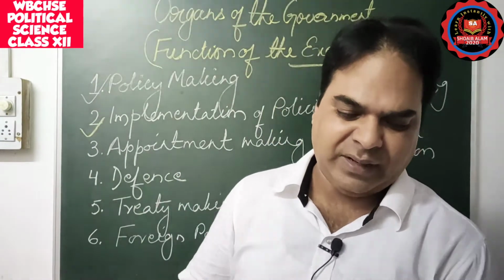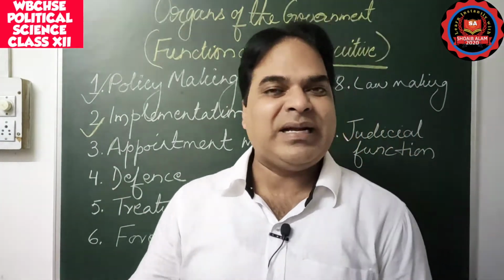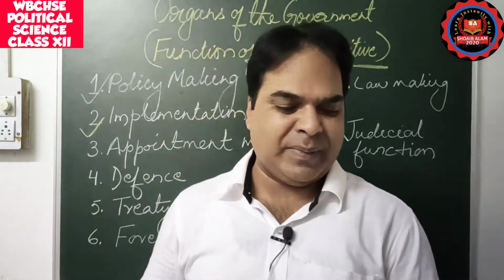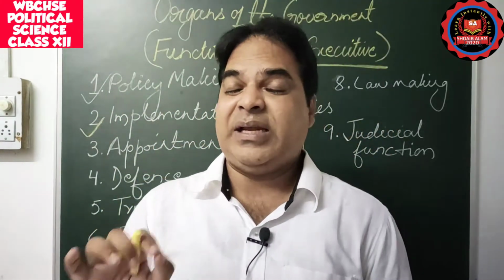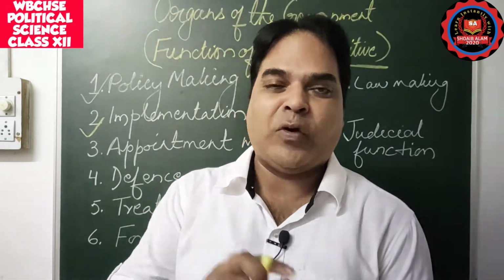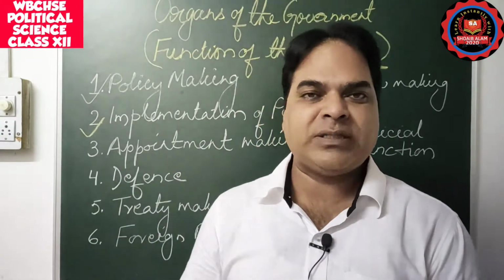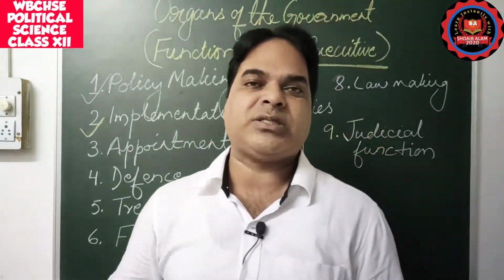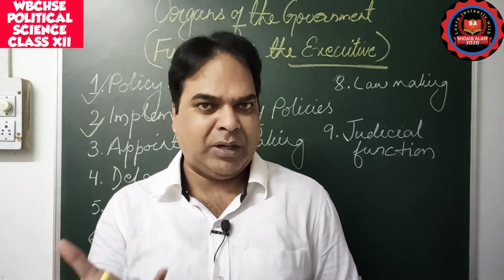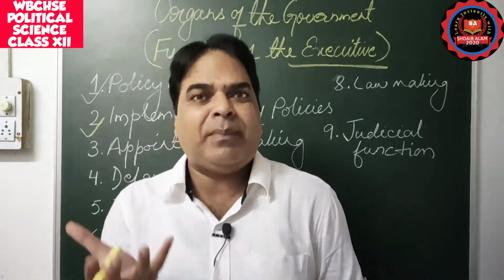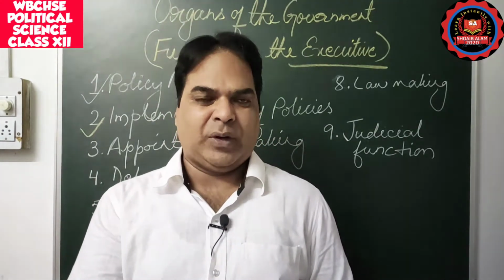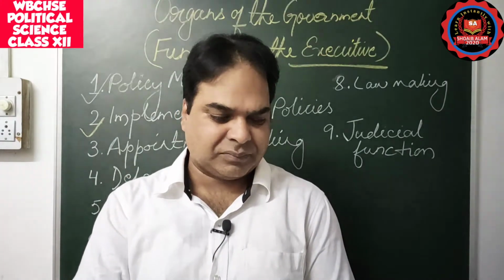That is very important. Different government departments are there, and it is their responsibility to implement laws concerning the functions of that department. The particular department's main duty is to implement the policies.